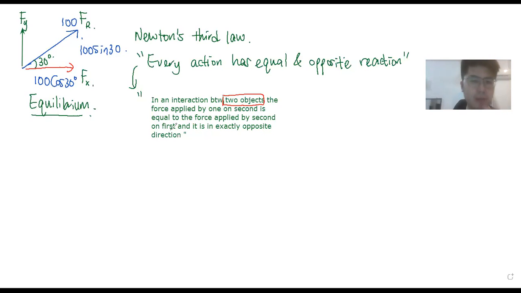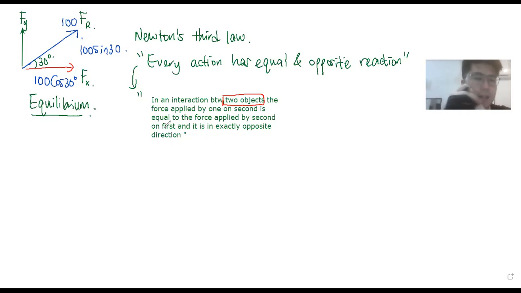Now, 你看啊，这个 law 它是讲，当有 interaction 的时候，它的 force 是怎样的。可是它没有讲到 after interaction 会发生什么事。意思是说它撞了过后，apply 了那个 force 过后，whether this object moves or stays at rest, that one is not included.